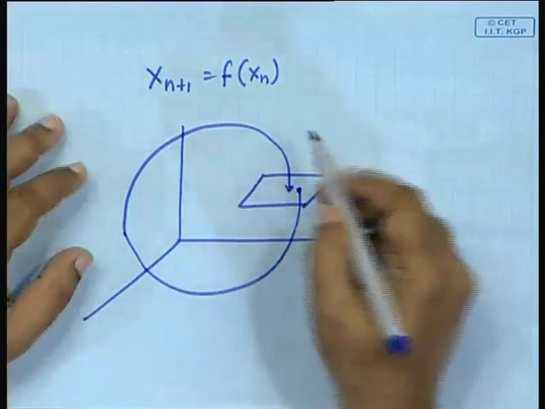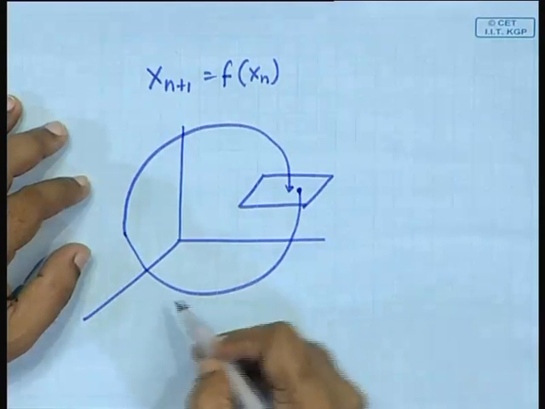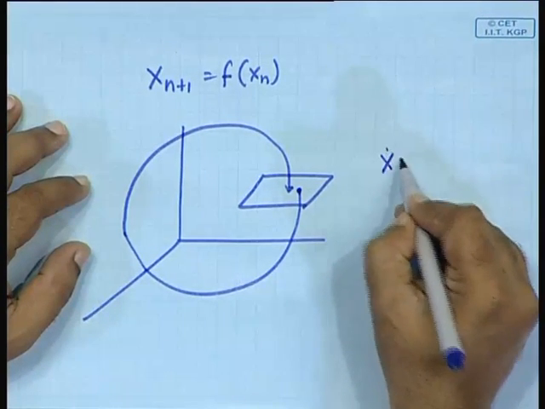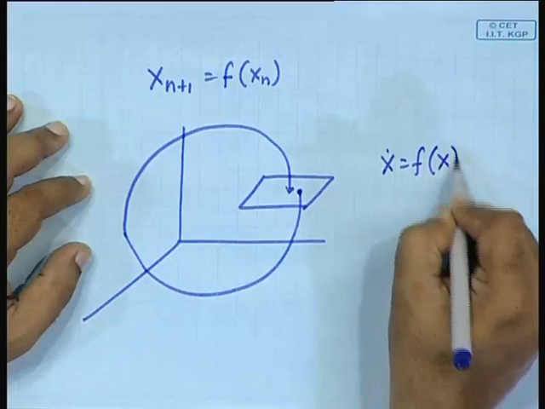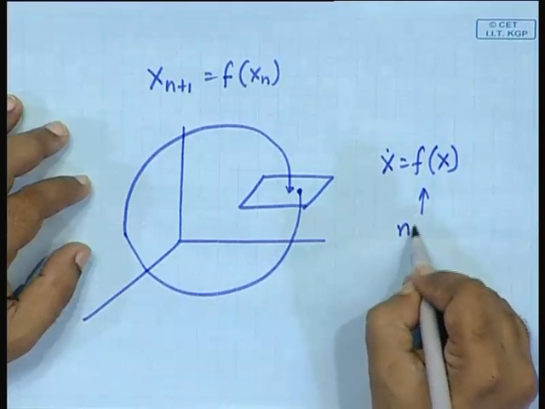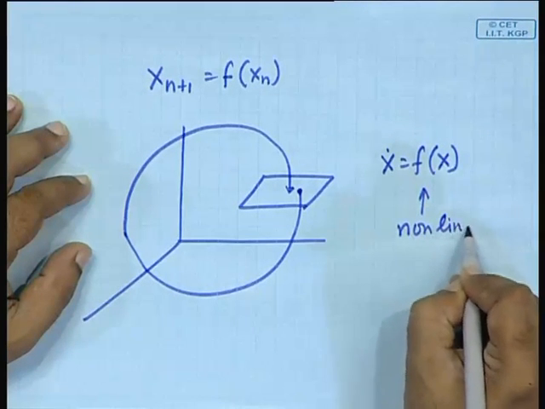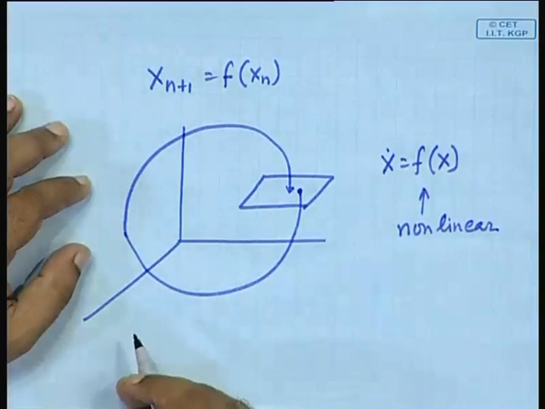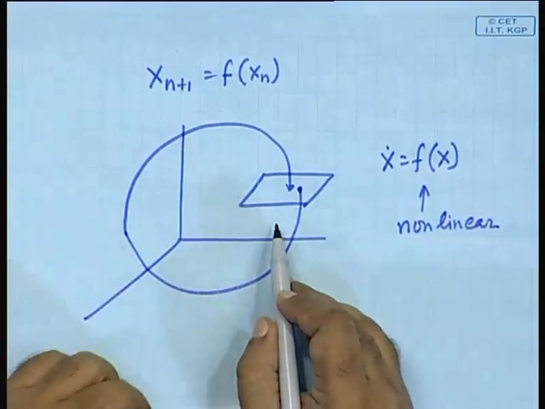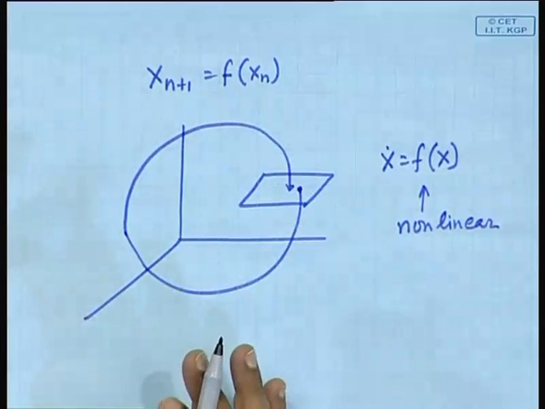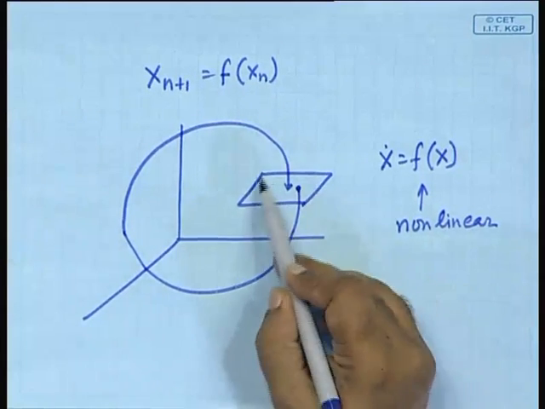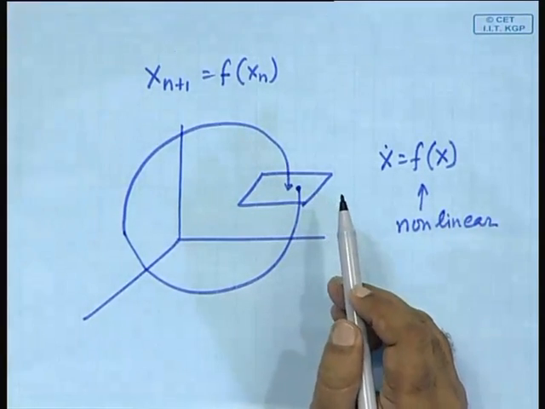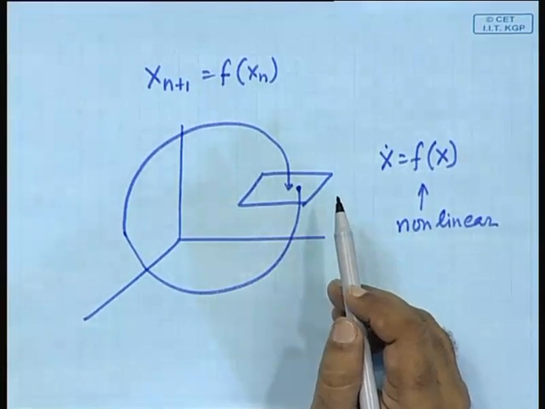Now, the system of equations that actually does the evolving is x dot is equal to some function of x, and that function is normally a nonlinear function. If it is a linear function, then all this will not happen. So, the whole business of making a Poincare section and other things will be pretty unnecessary. Why?